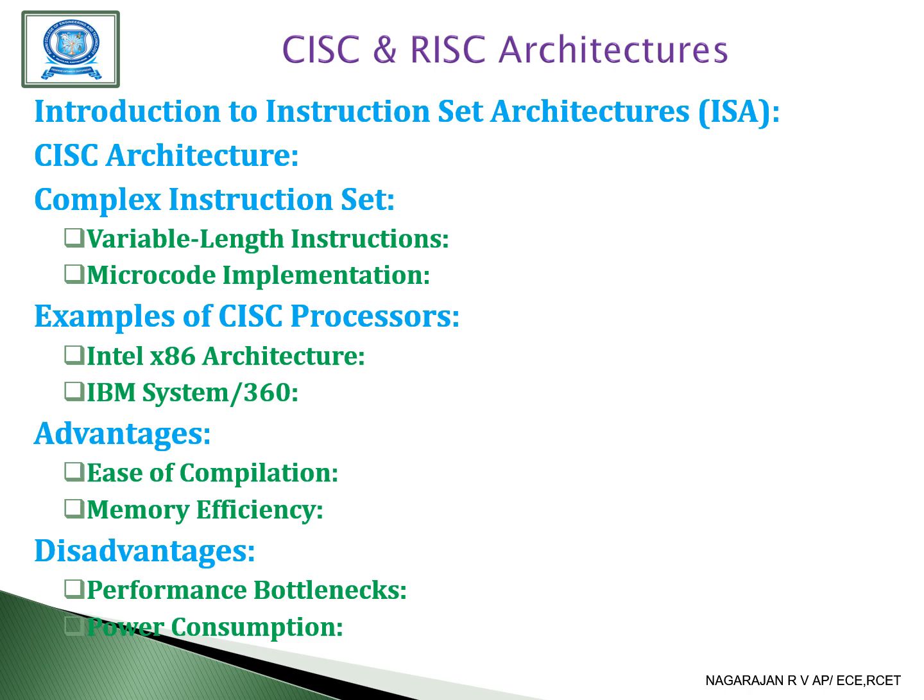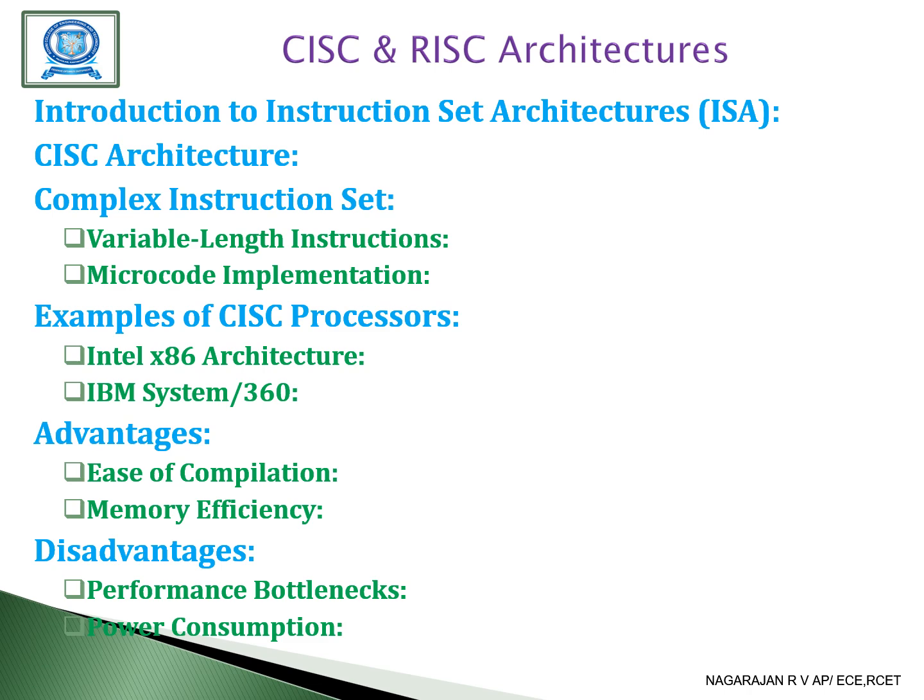Next, let us see the CISC processor advantages. The first is ease of compilation. The CISC architecture allows for more direct translation from high-level language to machine code. The next advantage is memory efficiency. By using complex instructions that do more per instruction, CISC can achieve the same task with fewer instructions.